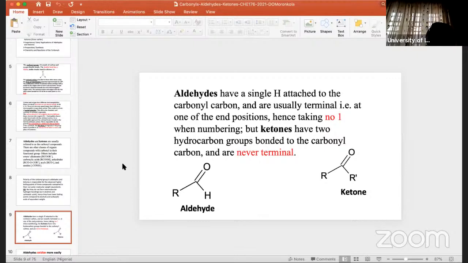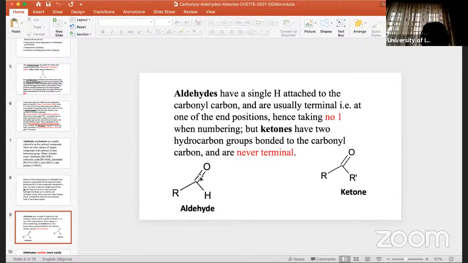Now, these carbonyls, we group them into 2. We have the alkanals, that is aldehydes, and the alkanones, which are the ketones. Now we want to do a comparison, or so to say, be familiar with the 2 groups. When you have the alkanals, they have the carbonyl carbon always being terminal.